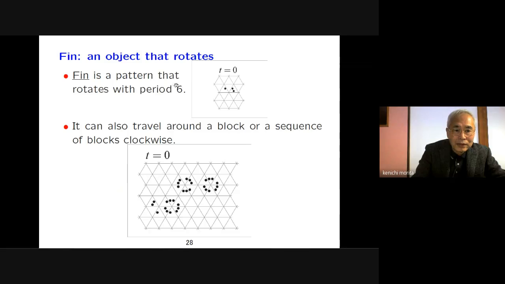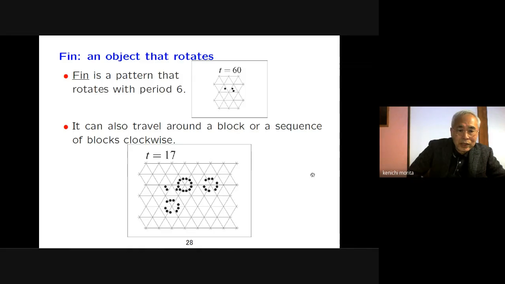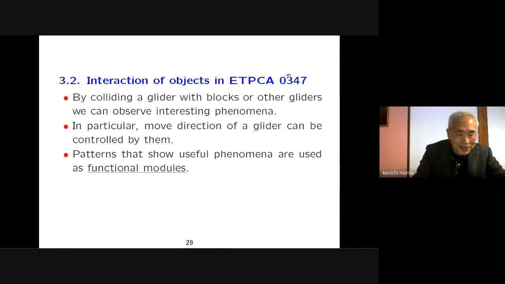It is a pattern that rotates with period 6, like this. And it can travel around a block or sequence of blocks clockwise, like this. These three objects are really useful, as we shall see next.